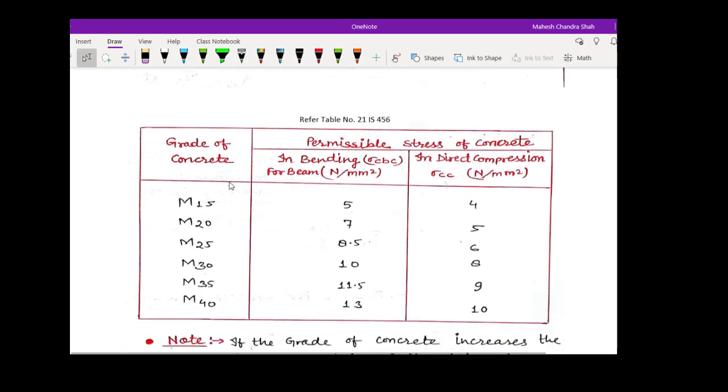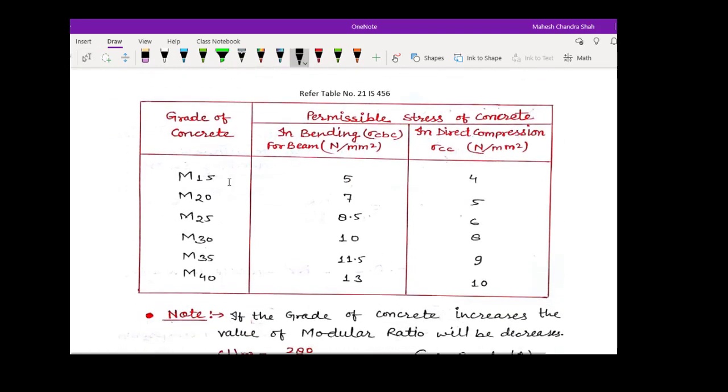As you can see below, there is a table which has the grade of concrete and the permissible stress of concrete in bending and in direct compression, meaning for beam and for column. This table is taken from IS code Table 21. For different grades the permissible stresses of concrete are given here.